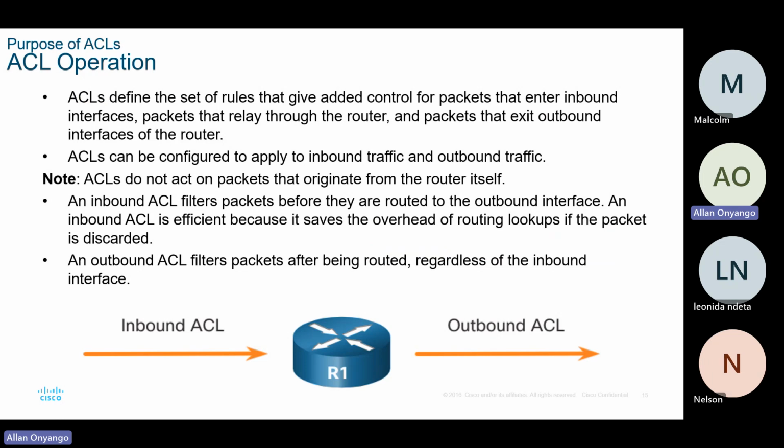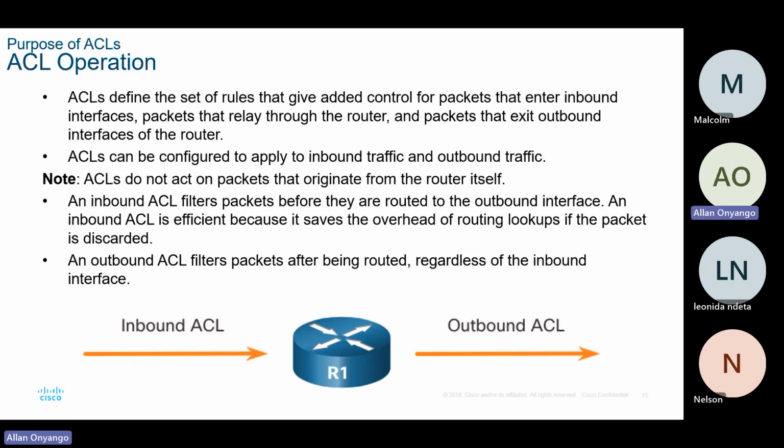Now, we want to check out how ACLs operate. The first thing we need to understand is inbound traffic and outbound traffic. Inbound traffic is traffic coming into the router, and outbound traffic is traffic coming out of the router. An interface that is carrying inbound traffic can also carry outbound traffic, which means traffic could come through that interface into the router, but traffic could also go out of that interface, probably into another router or into a switch.